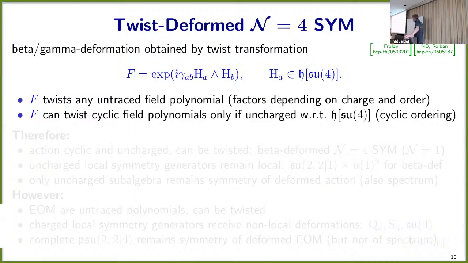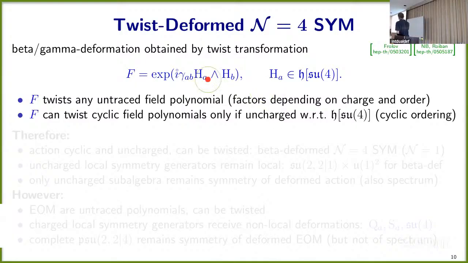But it's a procedure to twist anything that you want from the untwisted model to the twisted model, and even back. However, you cannot quite apply this to cyclic polynomials, polynomials where you have a cyclic ordering imposed on the fields, because here you need a proper ordering, and cyclic ordering does not collaborate well with that.